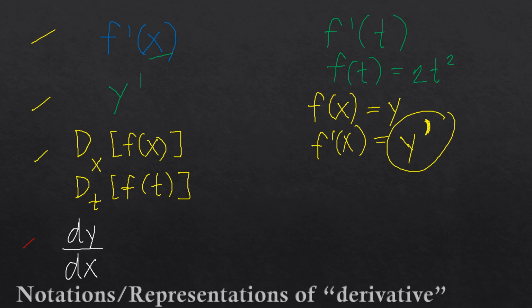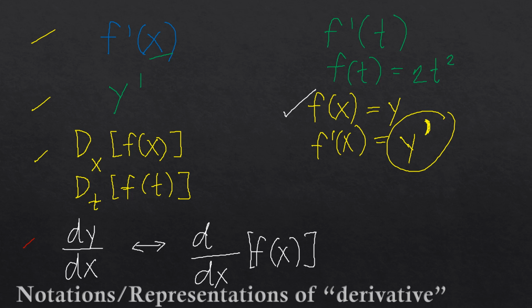No, in this representation, we call this a derivative of y with respect to x. And since y is equal to f of x, this can be written as the derivative of f of x with respect to x. That is also one way of representing it, because y is equal to f of x.